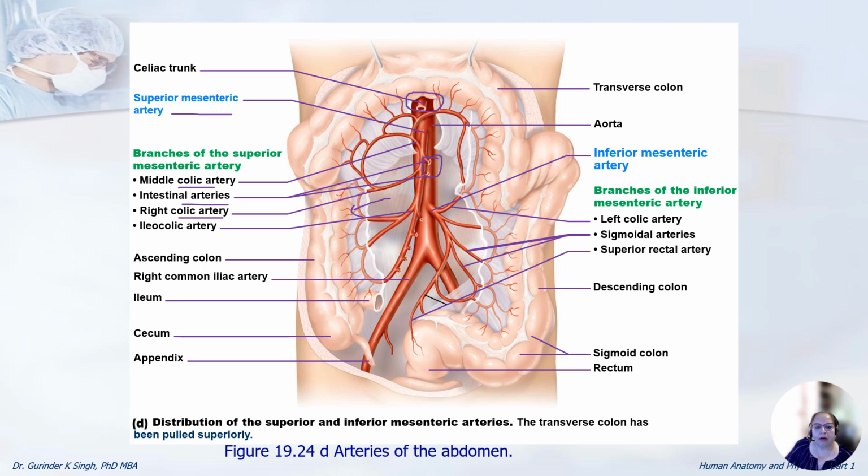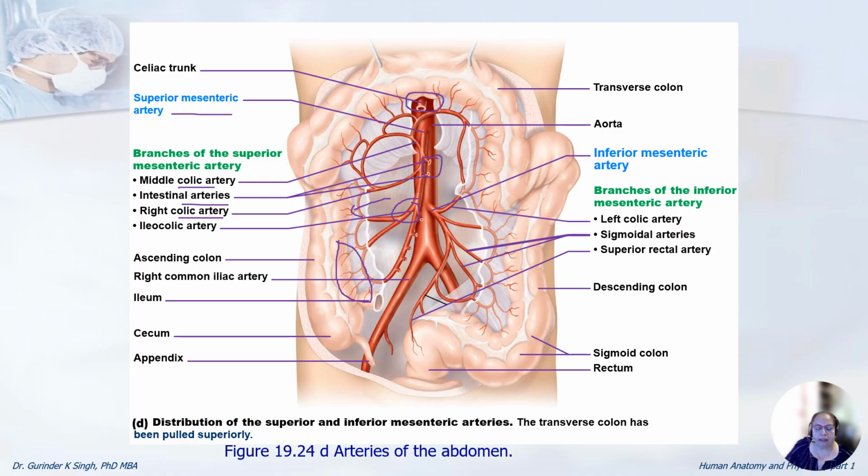Okay, we also have one of the major branches coming downwards, which is known as the ileocolic artery. The ileocolic artery supplies blood to the ileocecal region, which is the junction between the ileum and the colon.